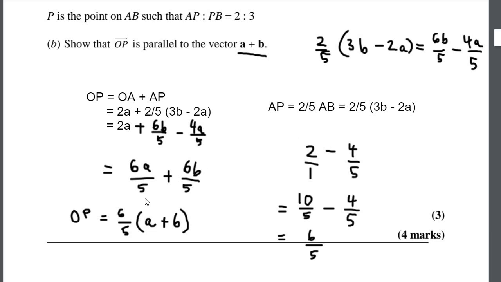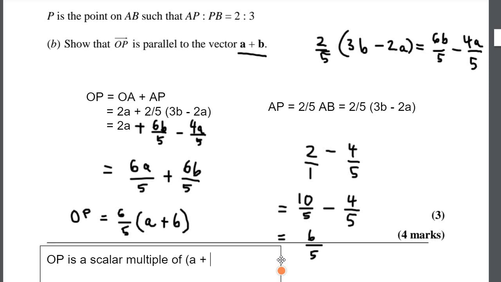So what you can do is write that down in a sentence. We can write that down in a nice little sentence: OP is a scalar multiple of a plus b, so OP is parallel to vector a plus b.